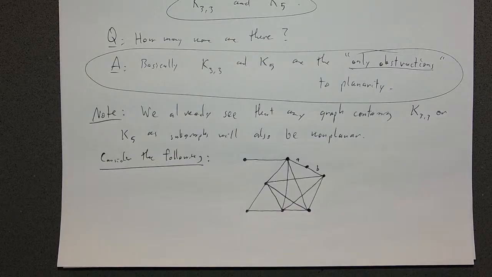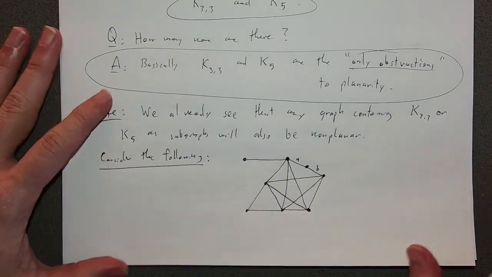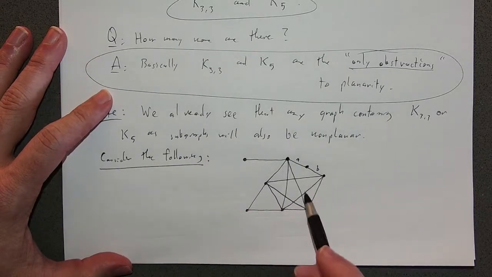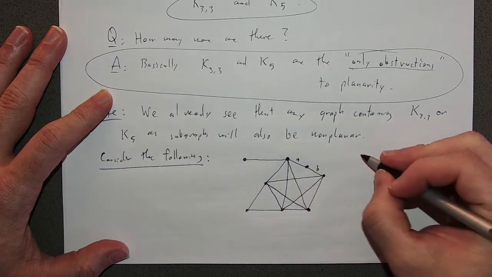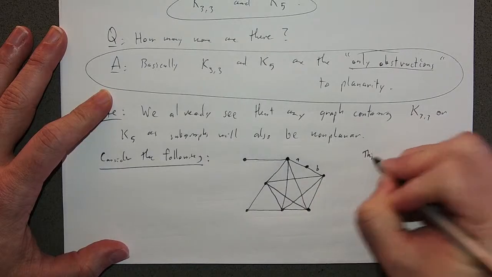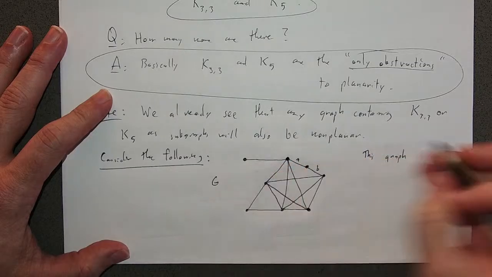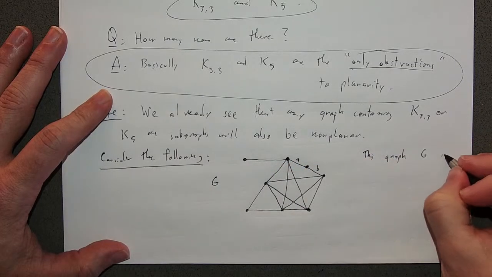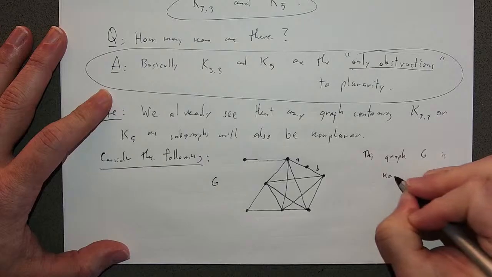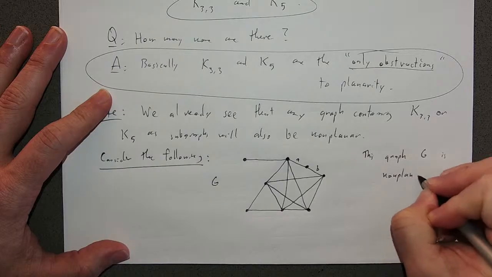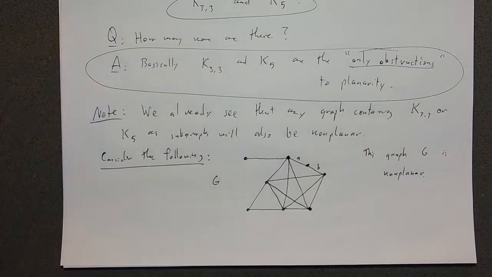And so this graph is non-planar. Maybe we'll call this graph G. It's non-planar, but even though it's non-planar, it does not contain K33 or K5 as a subgraph.